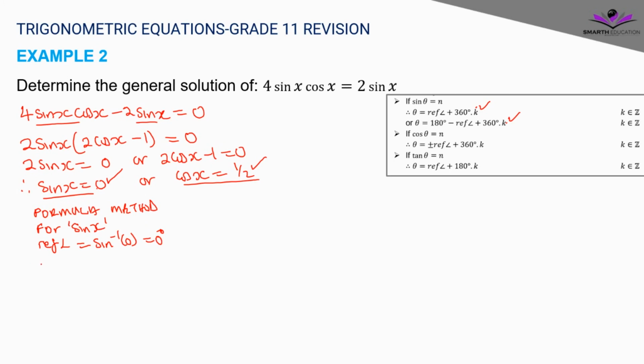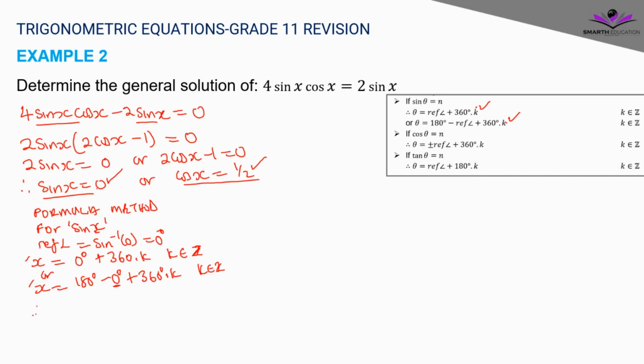So x is equal to 0 degrees, which is our reference angle, plus 360 degrees times k, where k is an integer, or x is equal to 180 degrees minus 0 degrees, our reference angle, plus 360 degrees times k, where k is an integer. You can simplify these two.